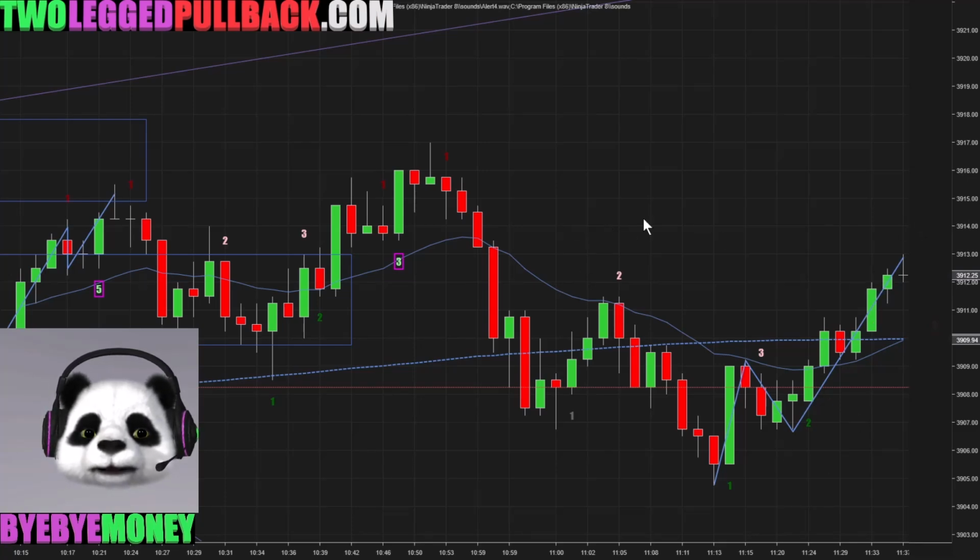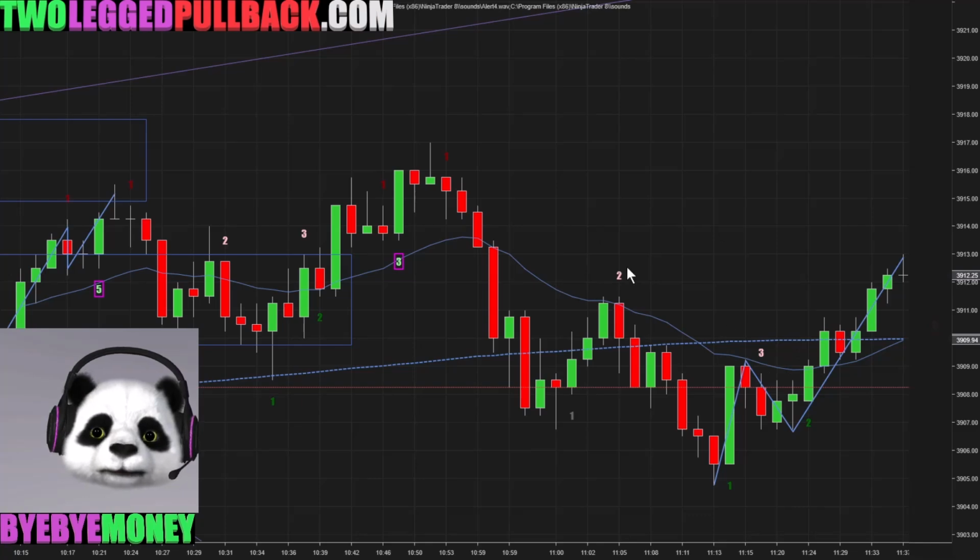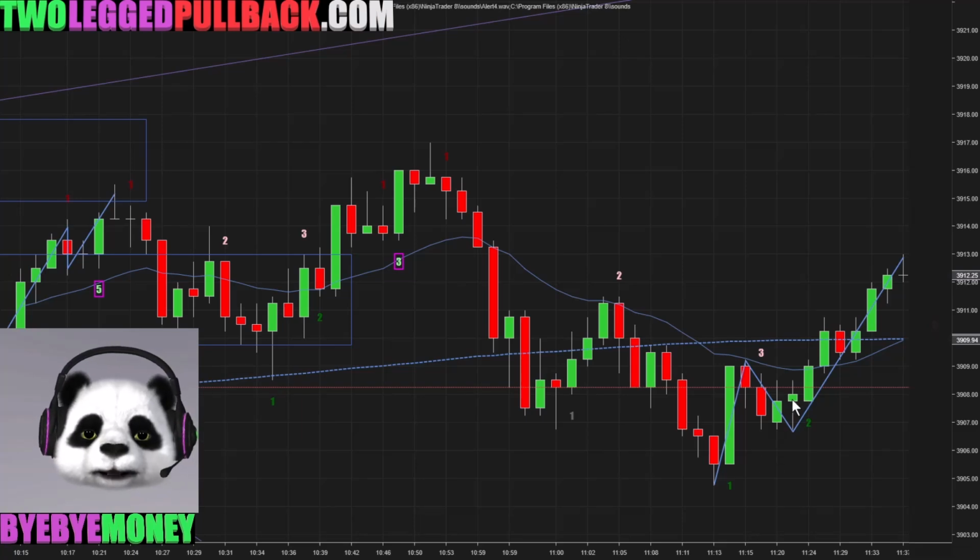Whenever you see a number 2 or greater, the next reversal will be a second entry. 3 here, next reversal will be a second entry. So we have a number 2 here, and that means the next reversal will be a second entry.